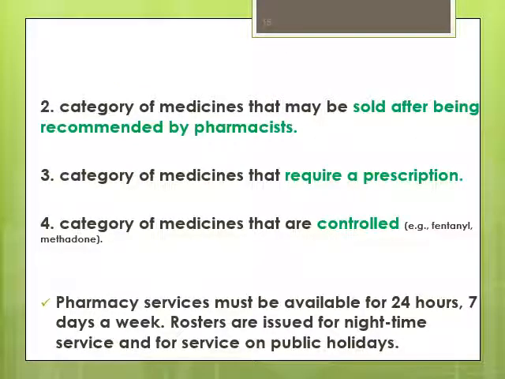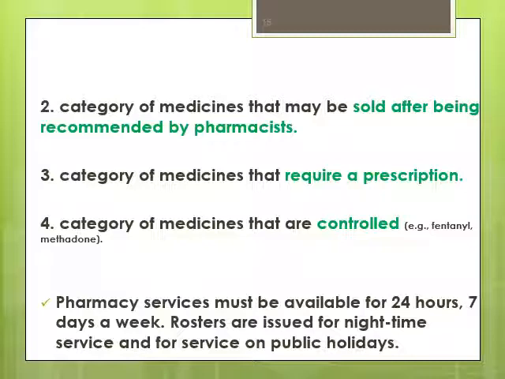The second category is medicines that may be sold after being recommended by a pharmacist. For example, responding to symptoms in the pharmacy: a patient comes complaining of a specific symptom to the pharmacist, and the pharmacist's recommendation is within over the counter medication to provide relief of the patient's symptoms. After that he may refer him to the physician or his doctor.